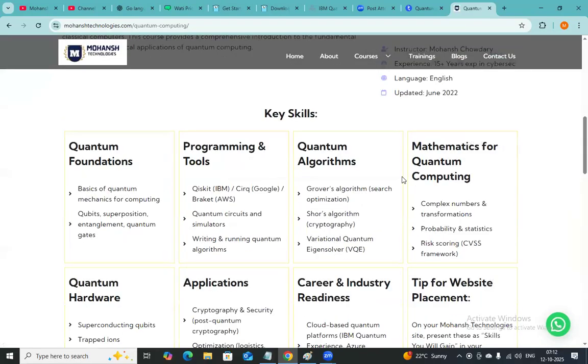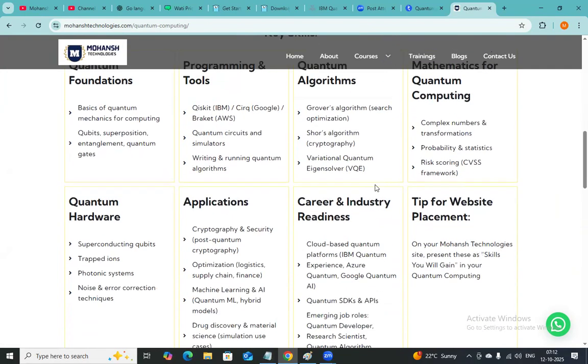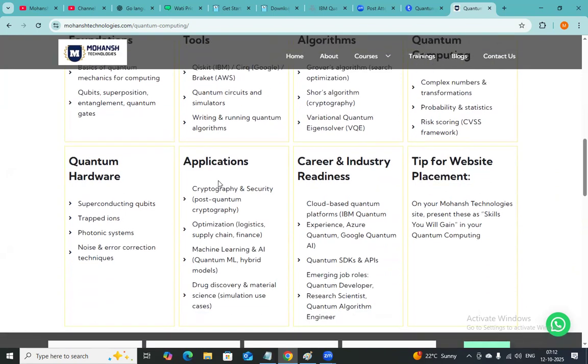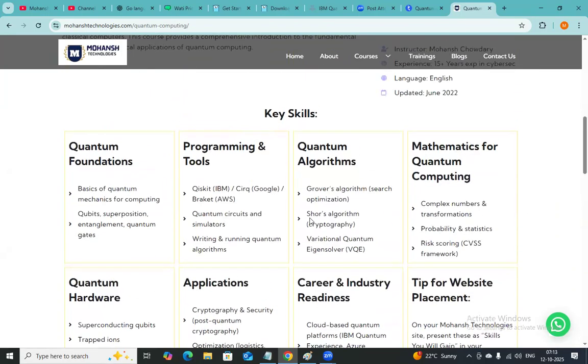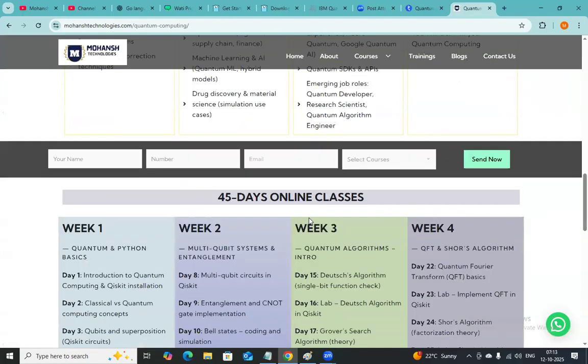We have to go with the foundations: quantum foundations, programming tools, quantum algorithms, mathematics for quantum computing, how quantum hardware works, and applications. What different kinds of applications we have to build, and career and industry readiness, and tips for placement. There are multiple key skills we have to go with.